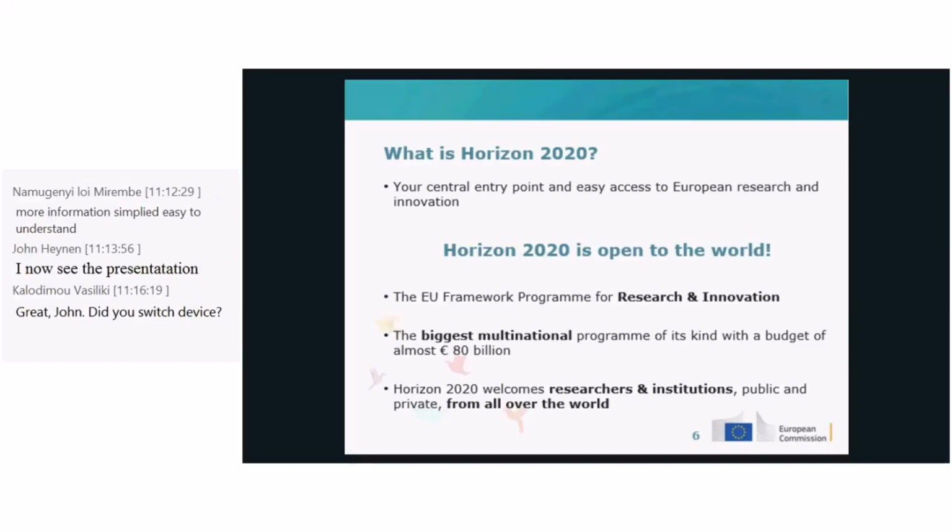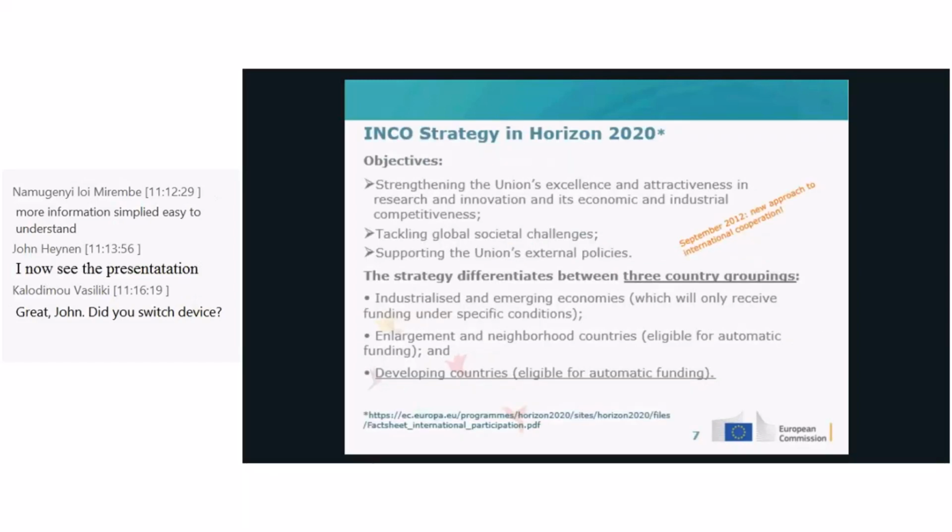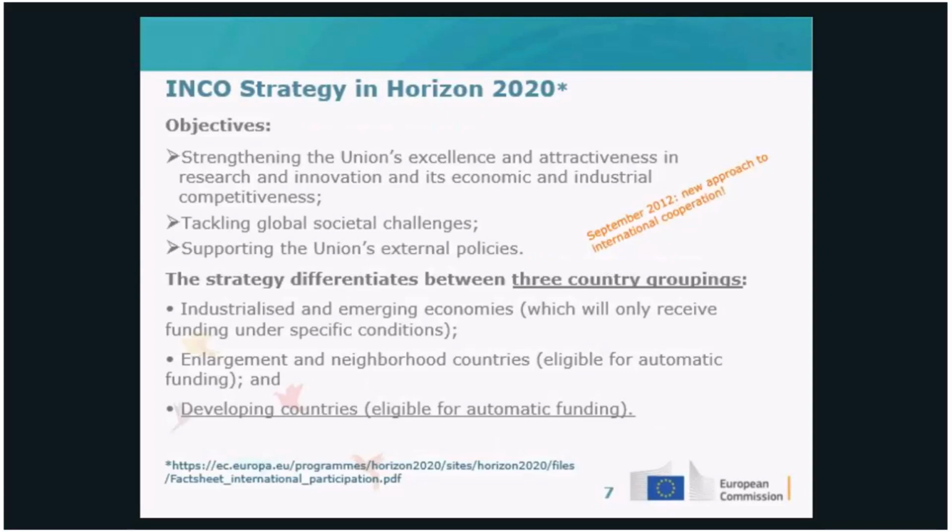It welcomes researchers and institutions, public or private, from all over the world. And as we will see later, this aims to continue and even strengthen further in the next framework program that will follow.